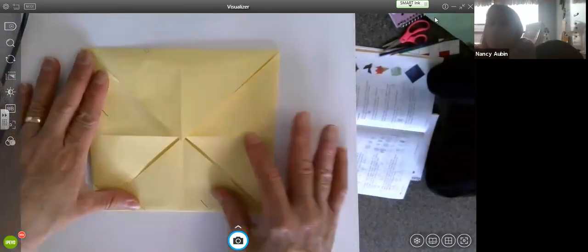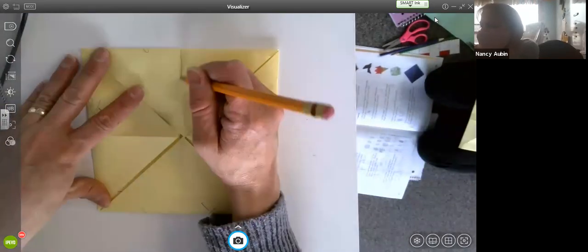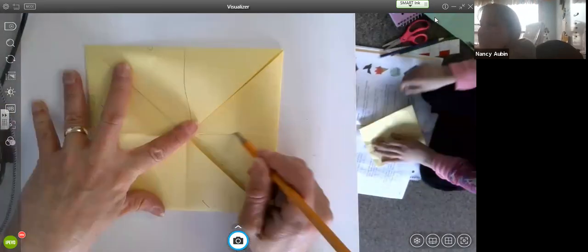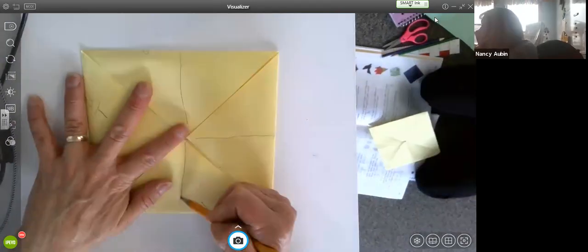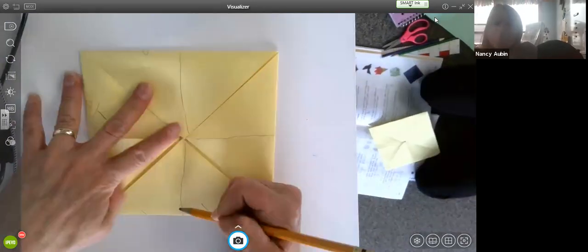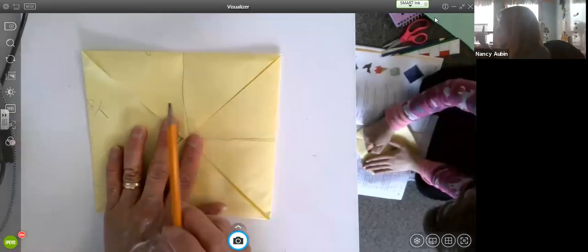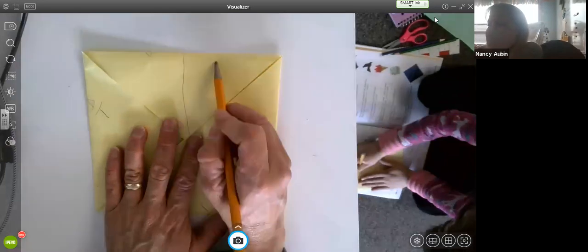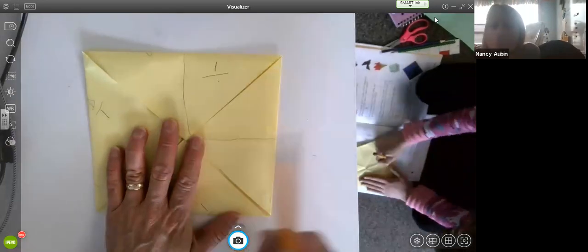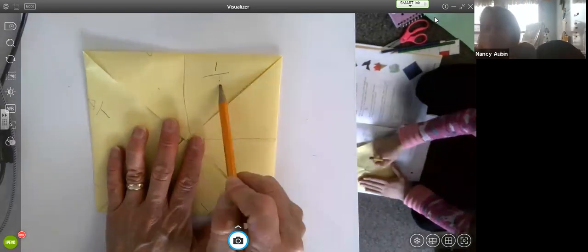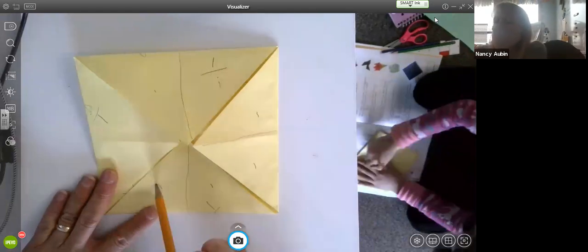So looking at these triangles, look. What would each one of these triangles be? What fraction? What fraction, Charlie? Well, let's count. Well, it's not going to be 4. It's going to have a 1 in the numerator because each one is 1 out of what? Count them. 1, 2, 3, 4, 5, 6, 7, 8.